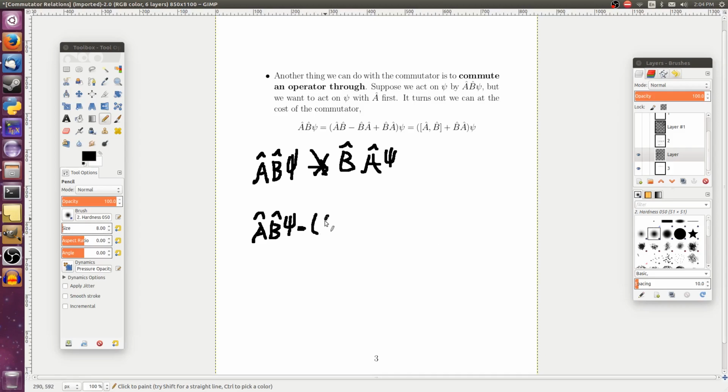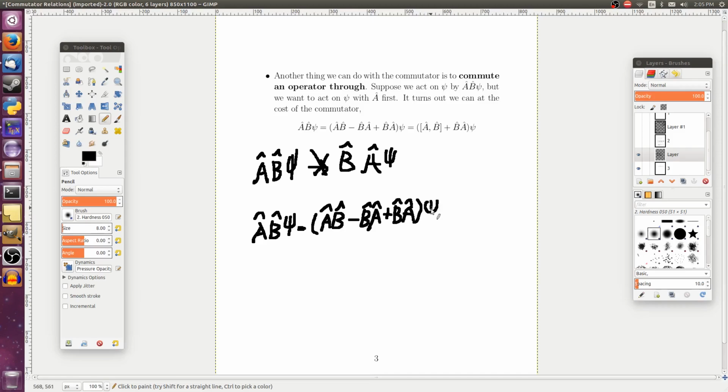What we're going to do is add 0. But that's probably a little suspicious now. So what this 0 actually is is minus BA plus BA. So I haven't changed the problem, I've only added 0.